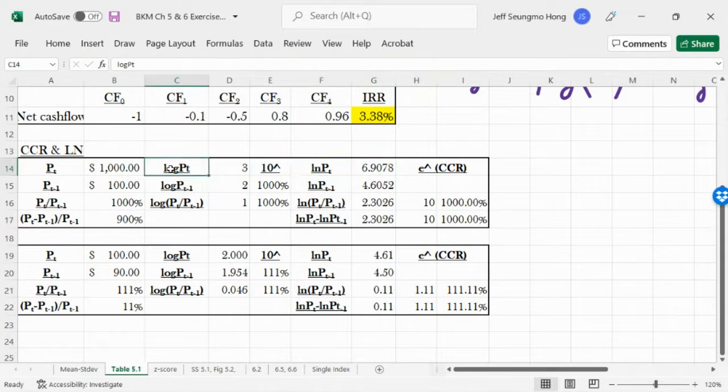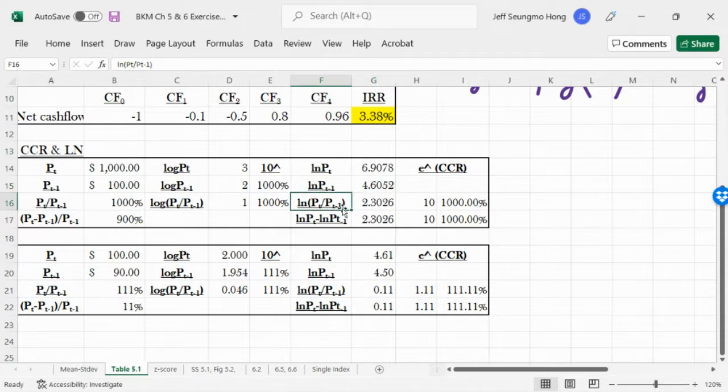Previously, that was log to base 10. This time, natural log. So if you take the natural log of 1,000, that's the natural log value. If you take the natural log of 100, that's the natural log of 100.